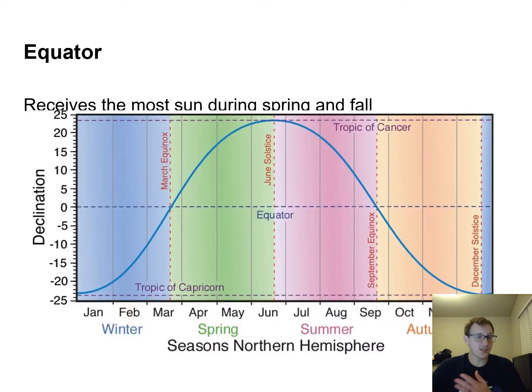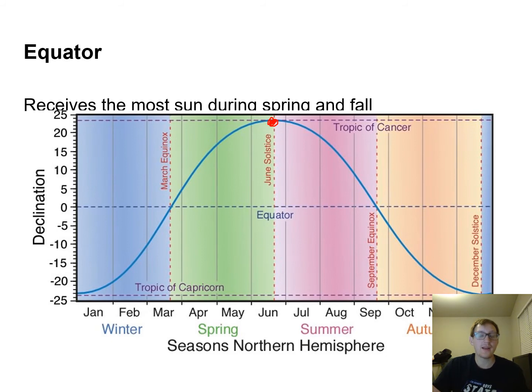Okay, this is just another graphic to describe when things happen. So basically, declination is talking about the incline of the angle towards the sun. If you imagine, at the June solstice, this is for the northern hemisphere, we're at our peak.